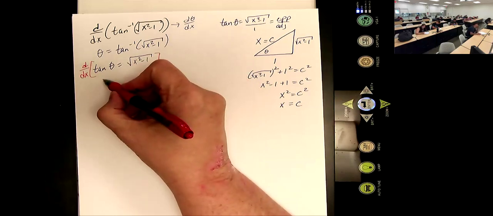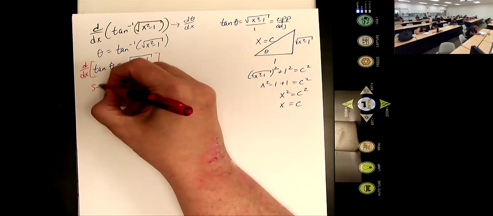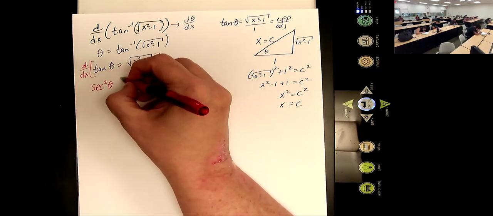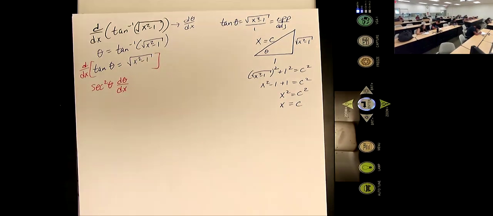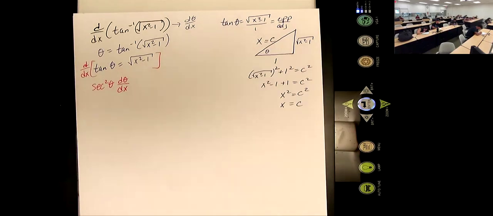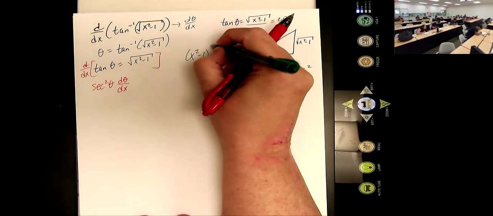So what's the derivative of tangent? Secant squared, right? So we got secant squared theta, and then this is implicit differentiation, so d theta/dx. Ooh, what is this bad boy? I'm gonna rewrite this with a 1/2 exponent.